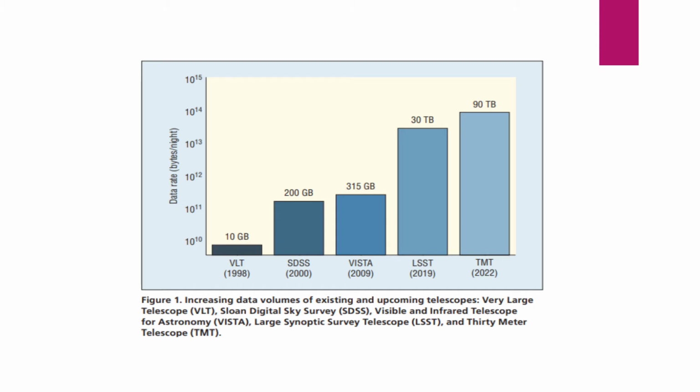The Visible and Infrared Telescope for Astronomy, VISTA, in 2009 had 315 GB. The Large Synoptic Survey Telescope, LSST, in 2019 has 30 terabytes, and the Thirty Meter Telescope, TMT, in 2022 has 90 terabytes. This is the data rate, that is bytes per night, against the year, in the emerging graph.